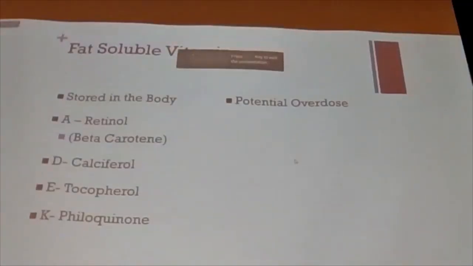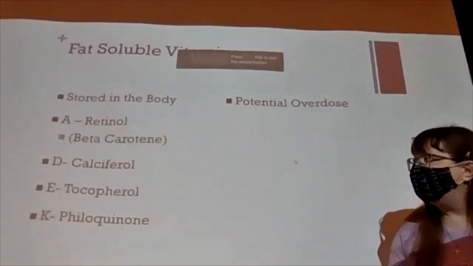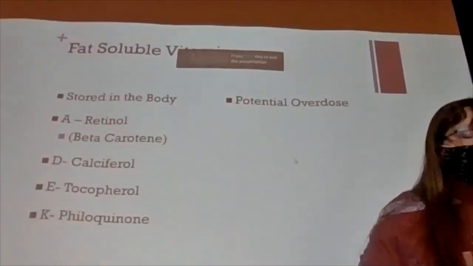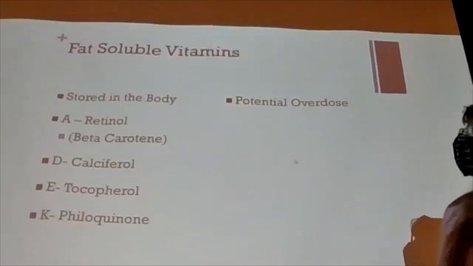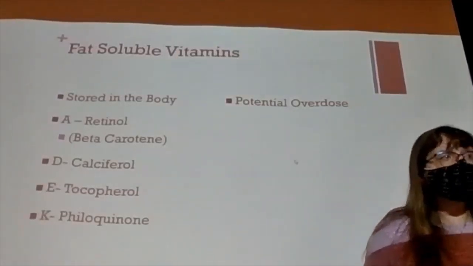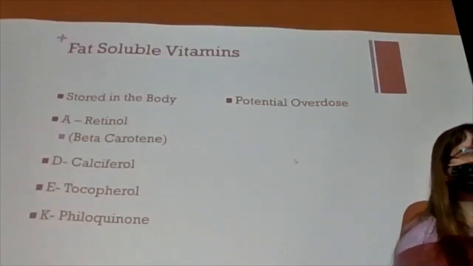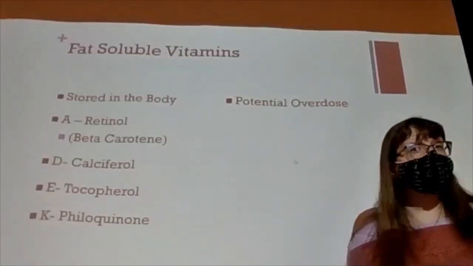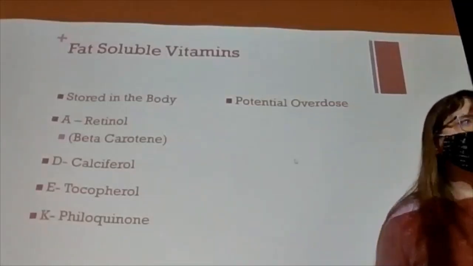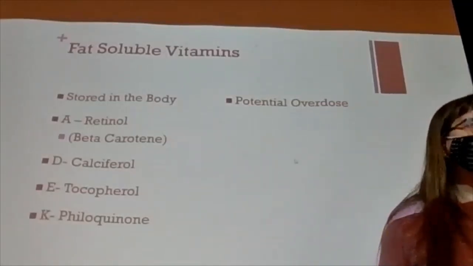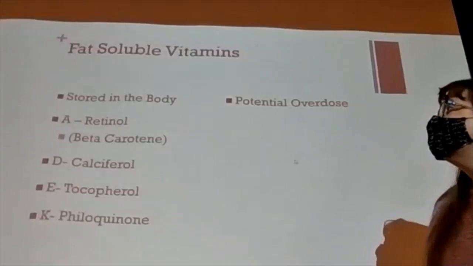Okay, so we talked last week about vitamins. And again, I usually have time to go into more detail on this, but I'm not going to go into all of this. So the difference between vitamins and minerals: they're both micronutrients, which means we need them in only small amounts. Minerals are inorganic, so they're mostly going to be elements. They're not going to be really carbon-based.